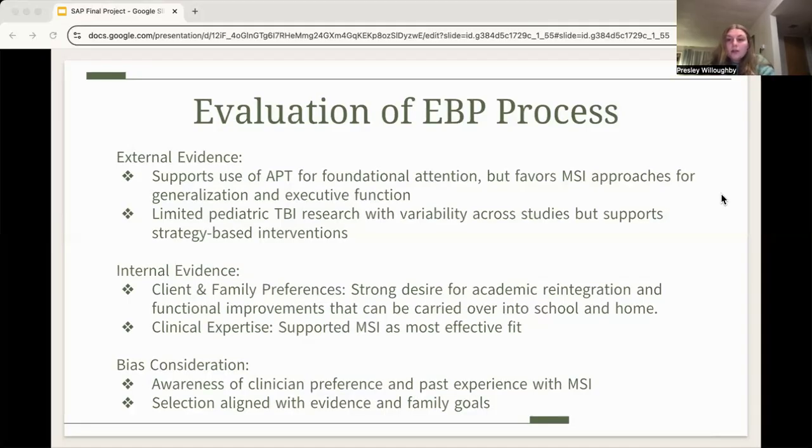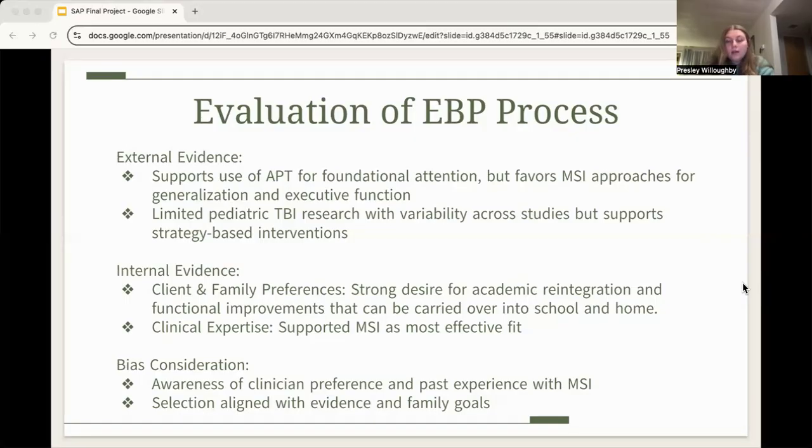While the research base for pediatric TBI can be limited, the available evidence strongly supports metacognitive and strategy-based interventions for improving everyday functioning. My clinical expertise helped interpret the research within the context of real-world rehabilitation, while the client and family goals guided the selection of an approach that was centered more on functional improvements for the client.